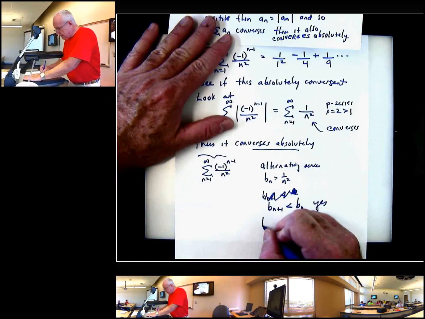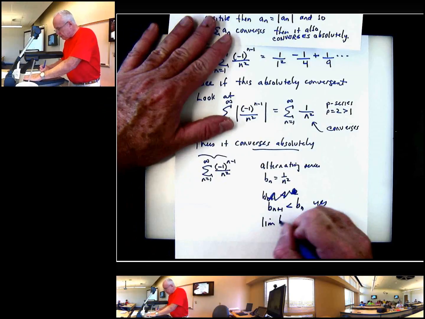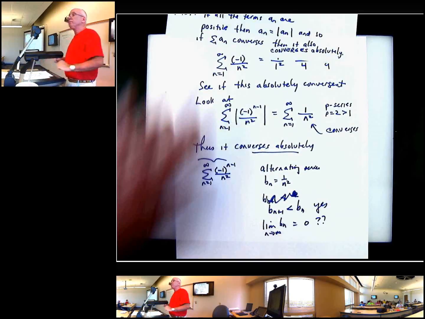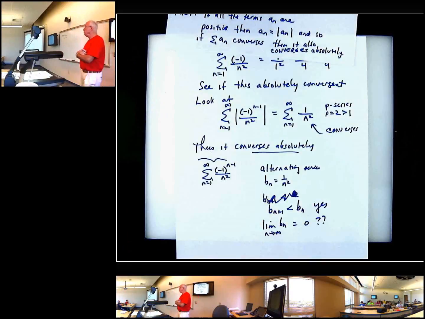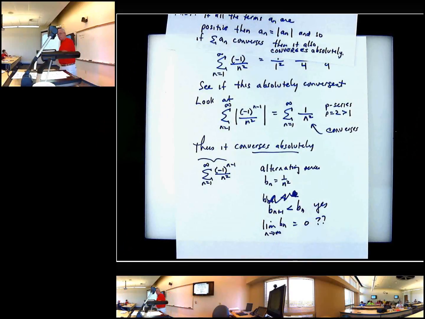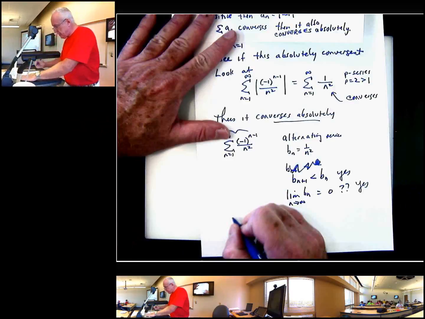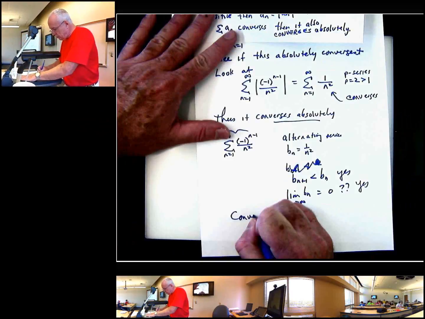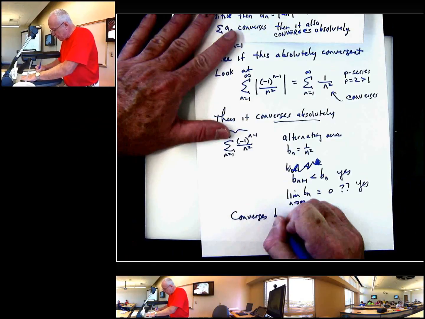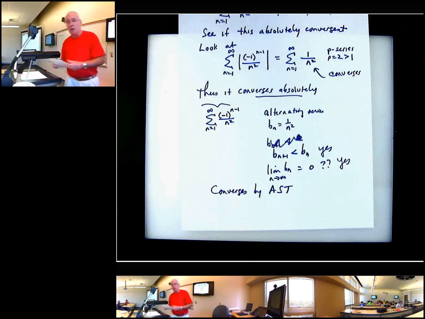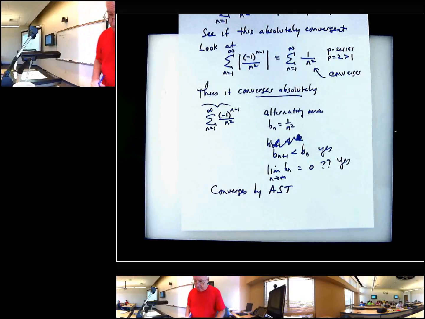And then is the limit of the bn's as n gets bigger and bigger equal to 0? Yeah, because we have bigger and bigger squares in the denominator, so it equals 0. So therefore, this series converges by, I'll just put AST, the alternating series test, all right? Okay.